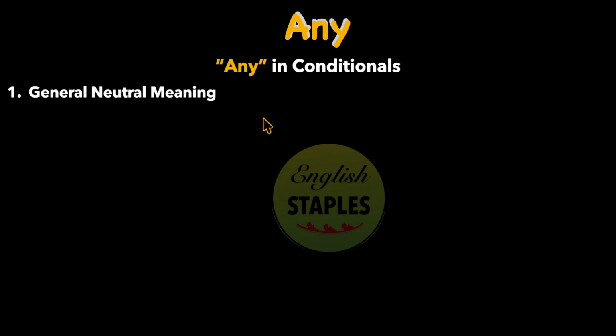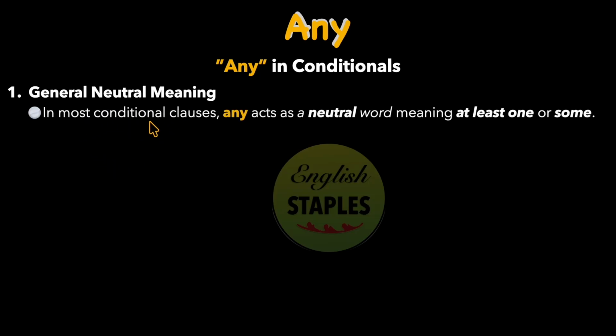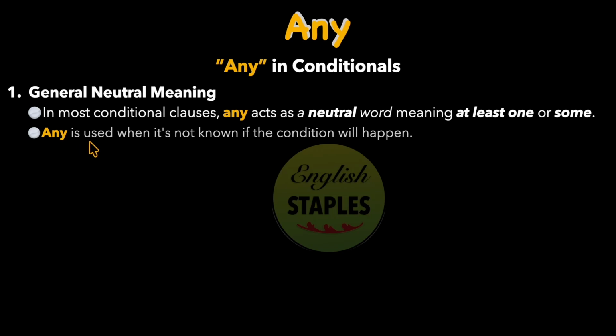Okay, let's look at any in conditional sentences. General neutral meaning. In most conditional clauses, any acts as a neutral word meaning at least one or some. Any is used when it's not known if the condition will happen.